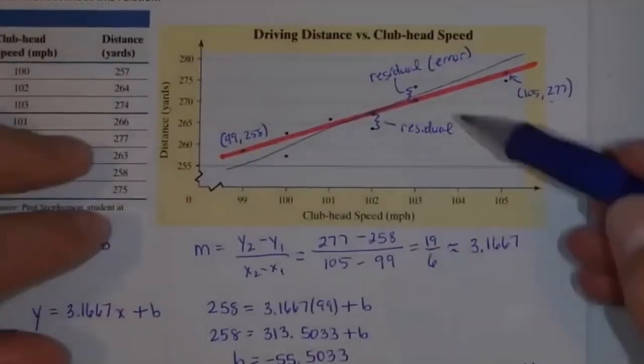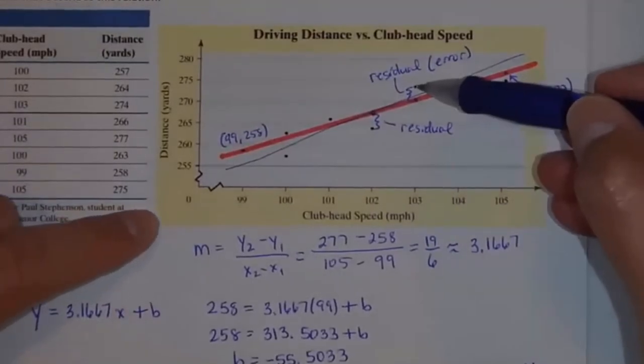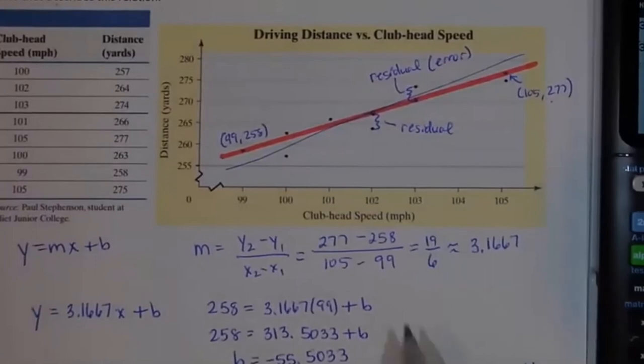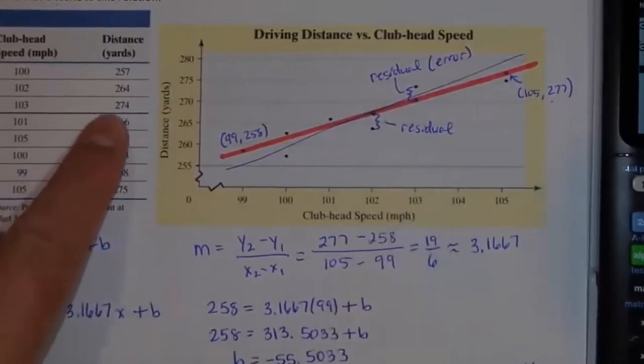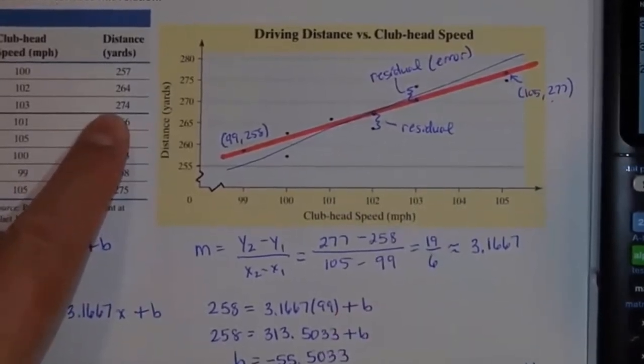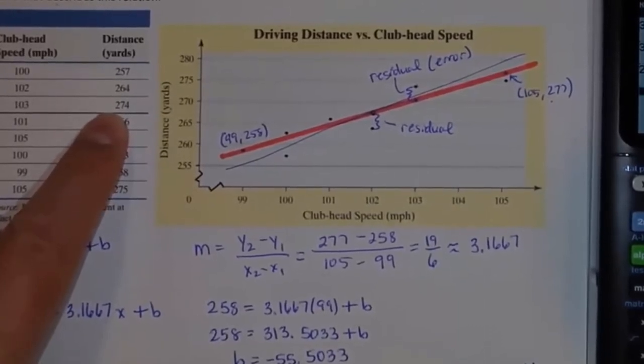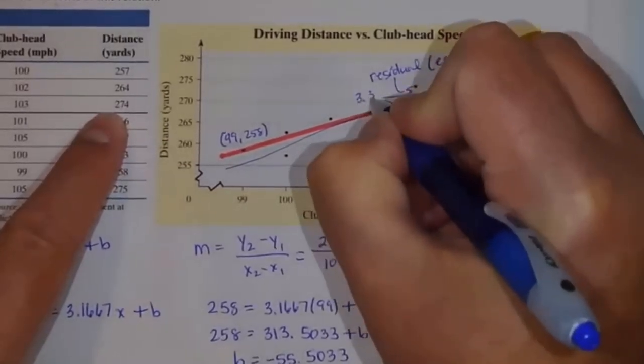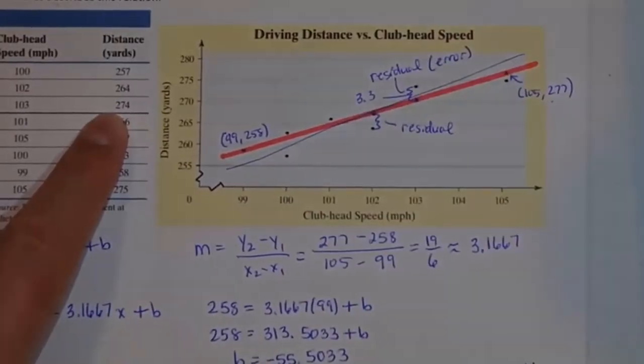So for example, for my 103 centimeter long bear, my observed Y value was 274, and my predicted Y value was 270.7, and so that was 3.3. So my residual right there was 3.3. That was my error.